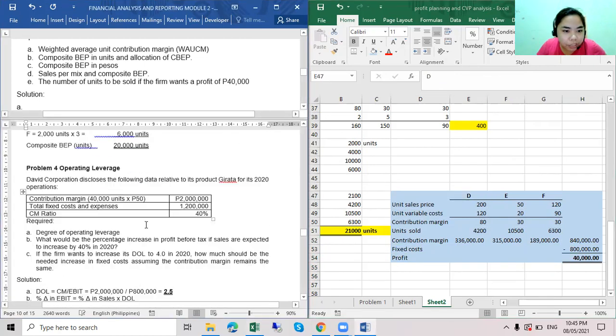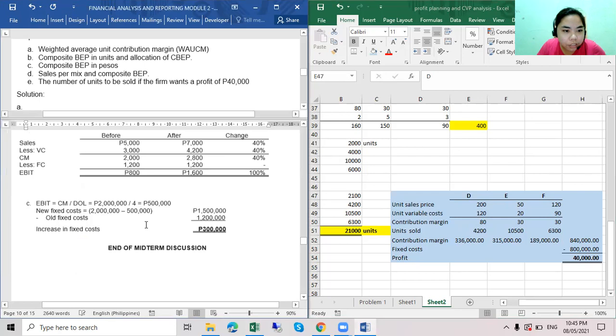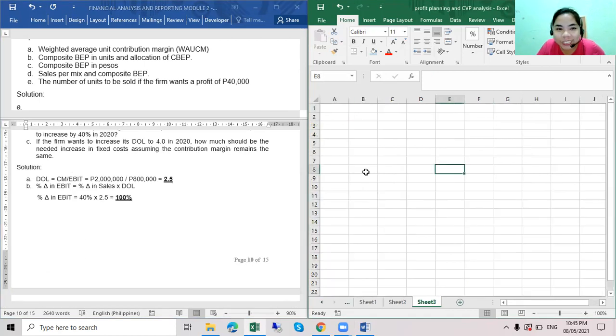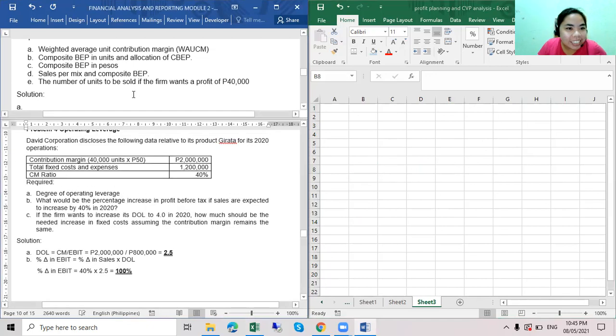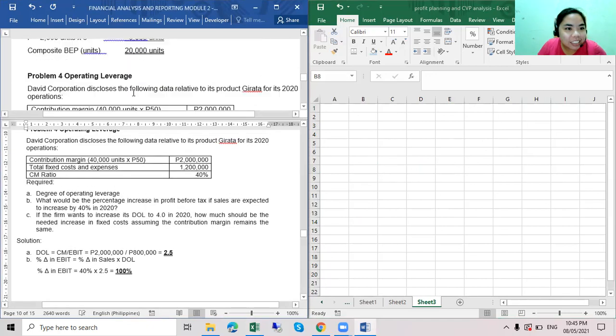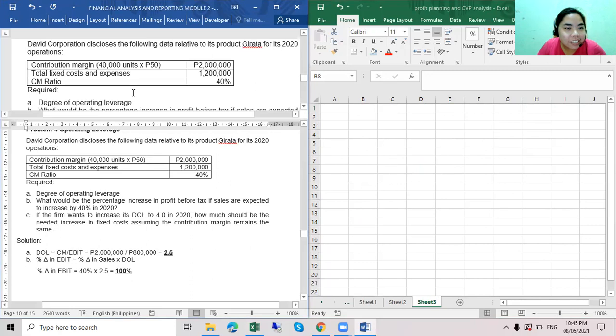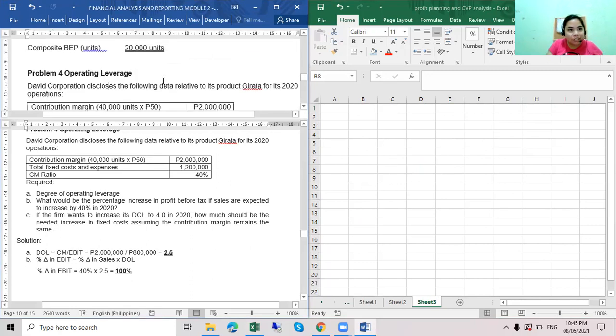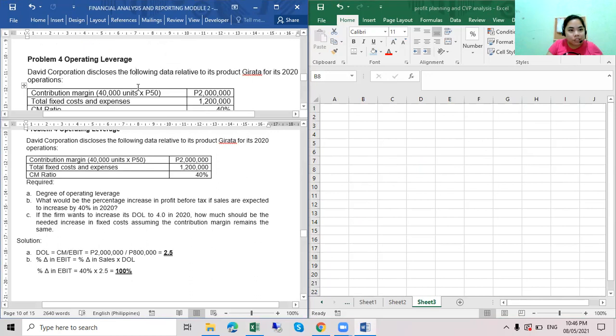Okay, so operating leverage. I think this is the last of what I owe you. Degree of operating leverage. We have here David Corporation, which discloses the following data relative to its product for its 2020 operations.